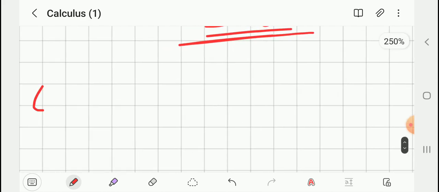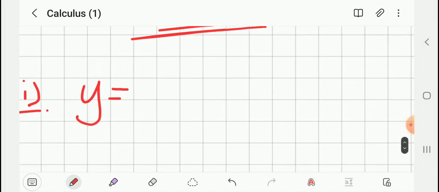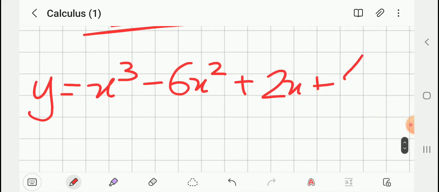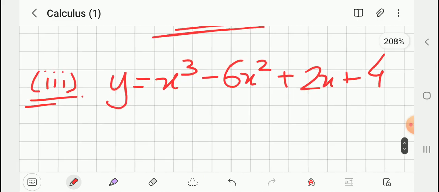Next we come to number 3, where y is equal to, let's take a big equation now, x cube minus 6x square plus 2x plus 4, and we have to find dy by dx. Don't worry, just separate all these terms and write them in differential form.